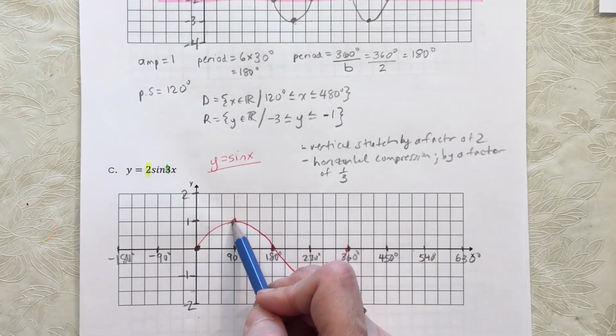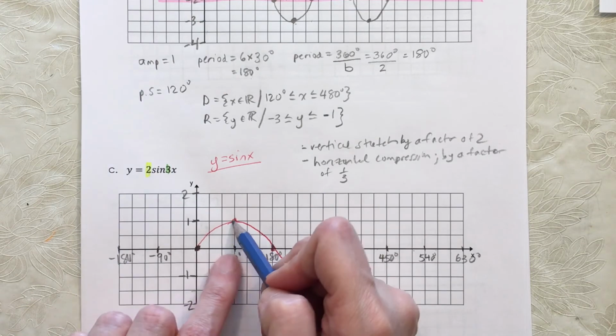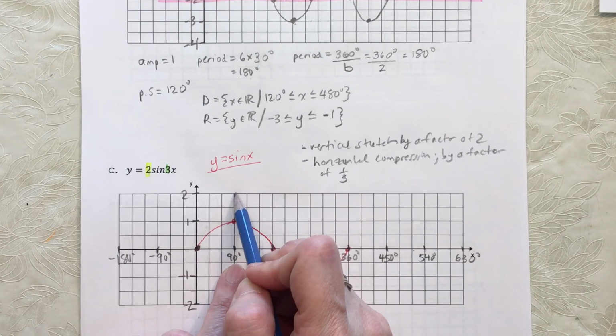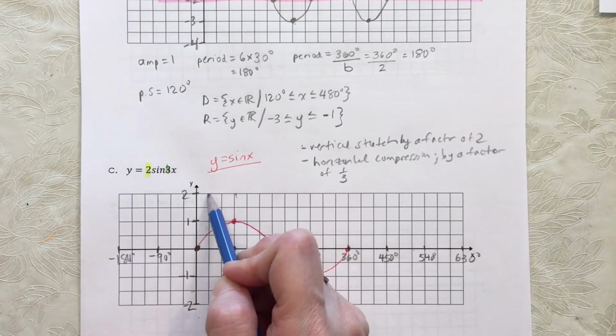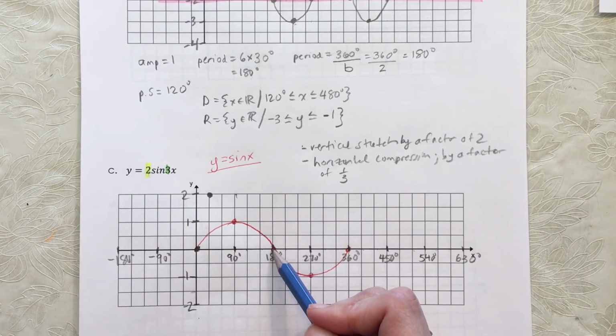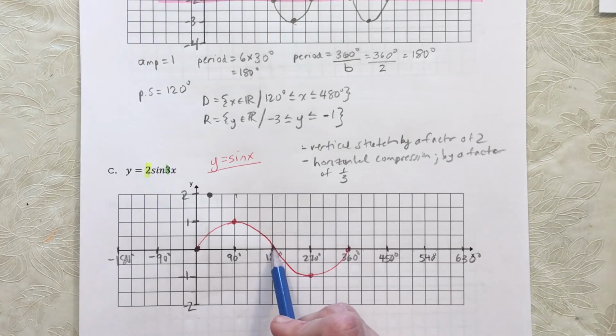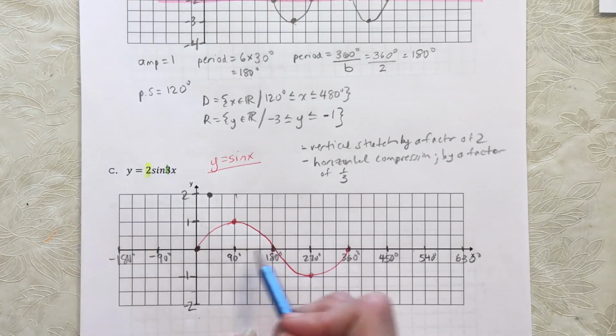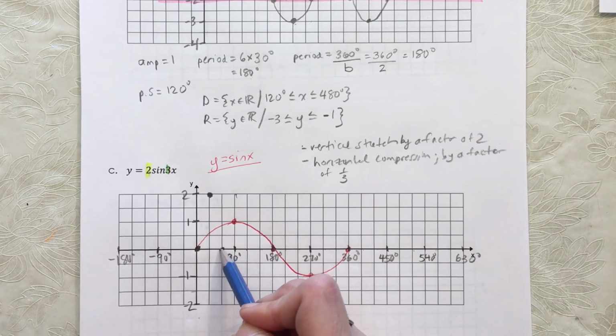For this one, we want to double our distance from the x-axis and then divide by 3 our distance from the y-axis. So 90 divided by 3 is 30, so I'd be right here. And then this point, so double my distance from the x-axis, so I stay on it, and divide by 3, so 180 divided by 3 is 60, so I'm going to be here.